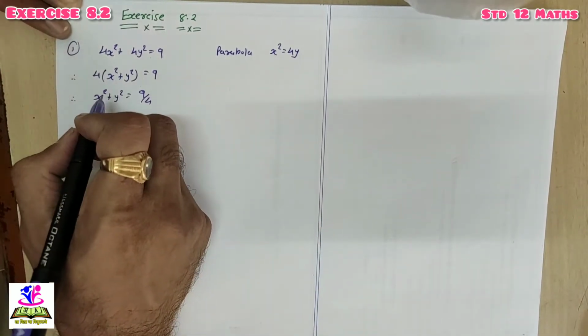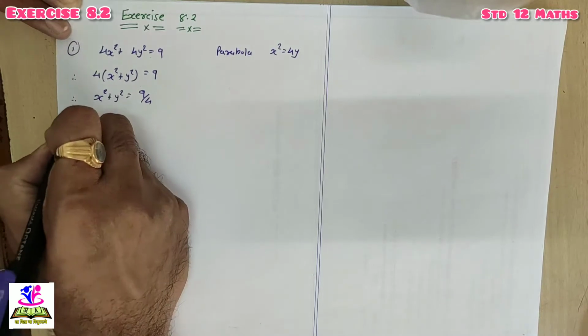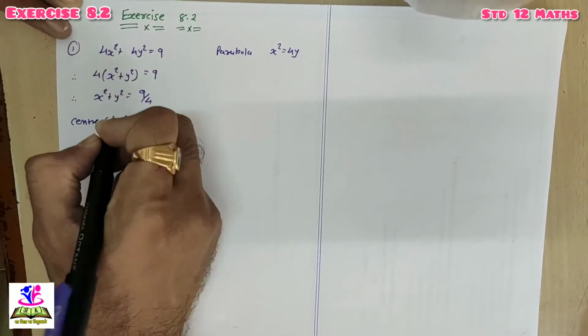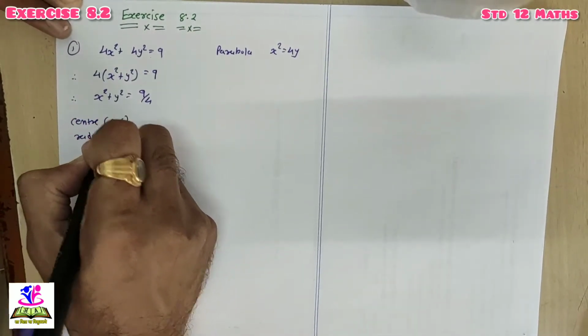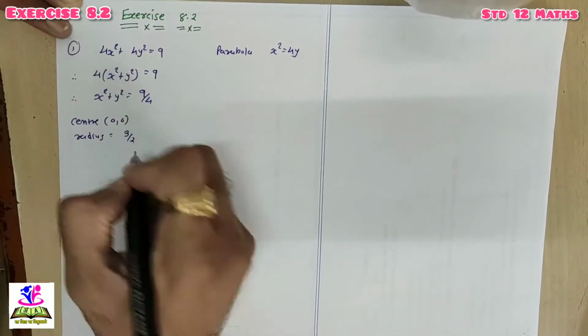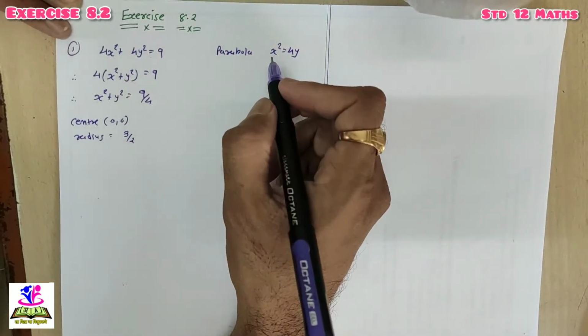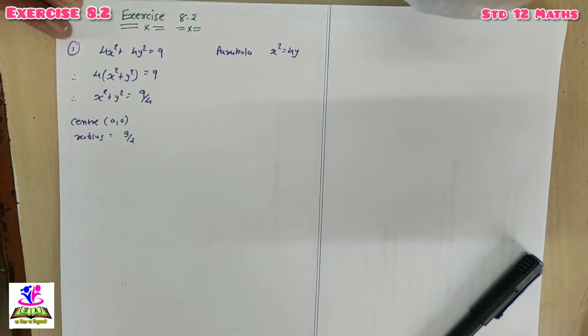This is the standard equation of a circle x square plus y square equal to a square, with the center of the circle at 0, 0 and the radius of the circle a, which is 3 by 2. Done. And our parabola is x square equal to 4y. So now first we will draw the diagram.